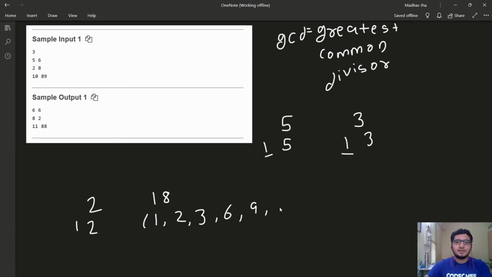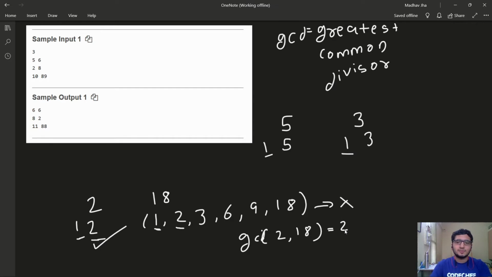No. Then 11, 12, no. 13, 14, and directly 18. I might have missed some cases, but from this you can see that the greatest common one is actually 2. So there are two common divisors, 1 and 2, and the maximum one is 2. So the GCD of 2 and 18 will be equal to 2.